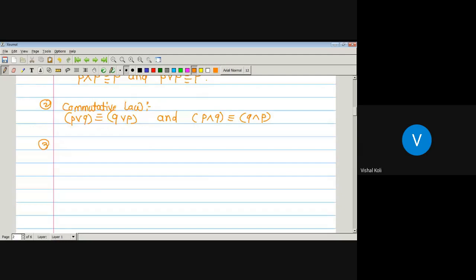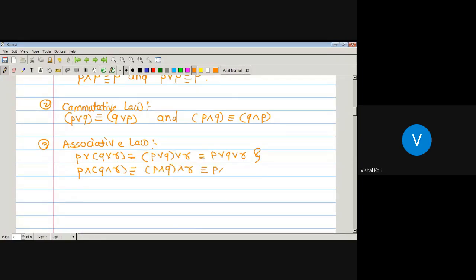Third one, associative law. If P, Q, and R are three statements which hold these conditions, that is (P or Q) or R is equal to P or (Q or R), and P and (Q and R) is equivalent to (P and Q) and R, then it is called the associative law.